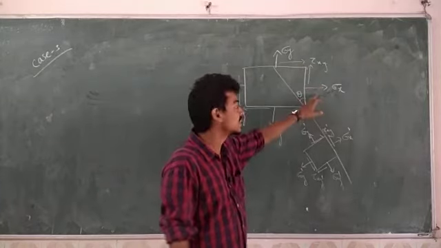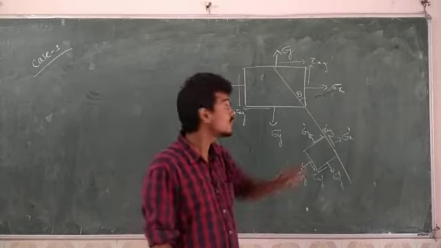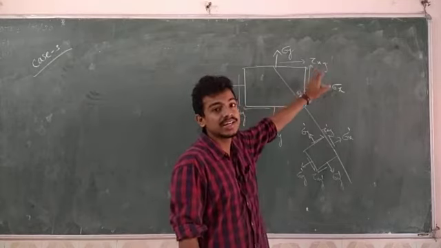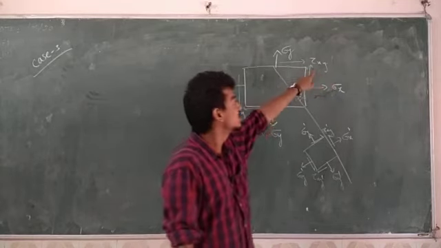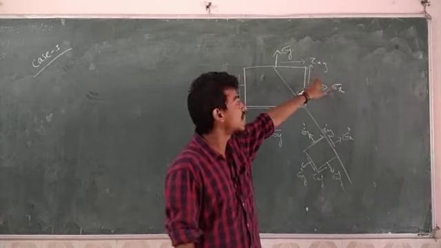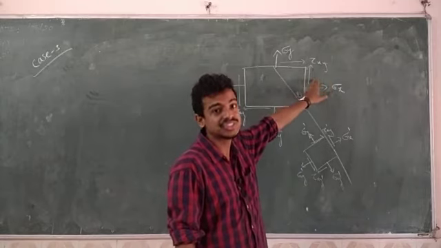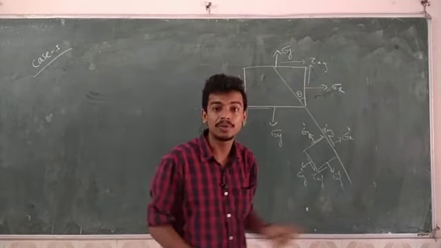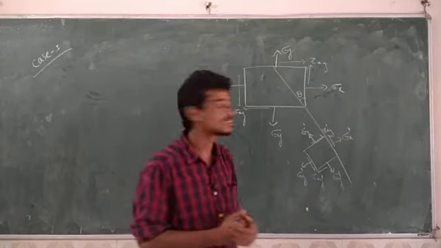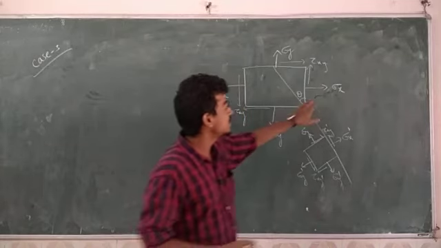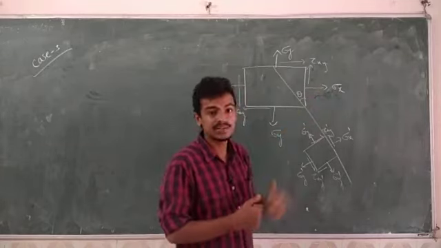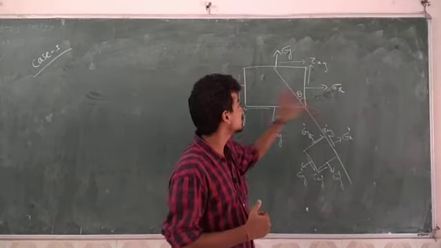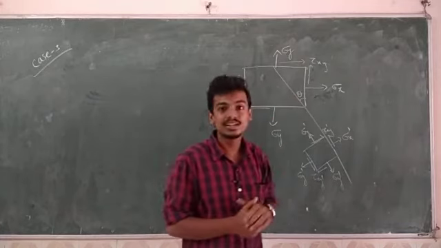If it is acted upon by principal stress, then only shear stress is 0. In case 2, you may have observed that tau xy is 0. I had not mentioned shear stress at that point when it is acted upon by principal stress. So when it is acted upon by normal stress, shear stress will definitely act. So sigma x, sigma y, and tau xy.